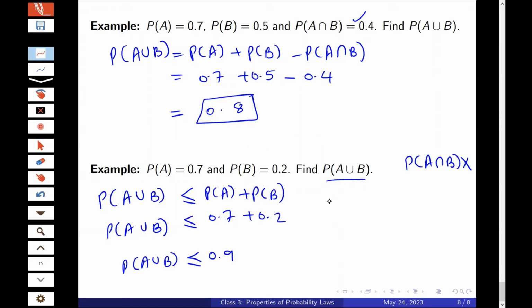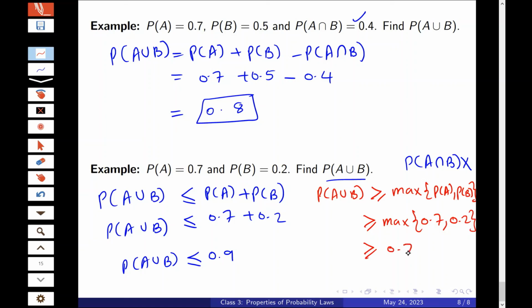Similarly, we learned that the probability of A union B is going to be greater than or equal to the maximum of P(A), P(B). That we learned under the first property of the law. The maximum of P(A), which is 0.7, and P(B), 0.2, is 0.7.